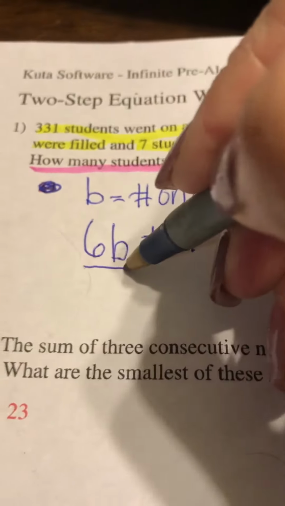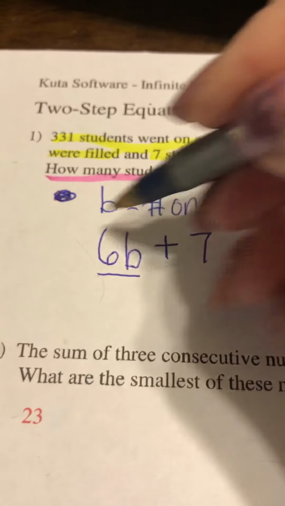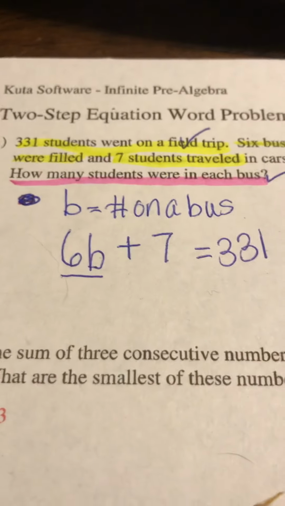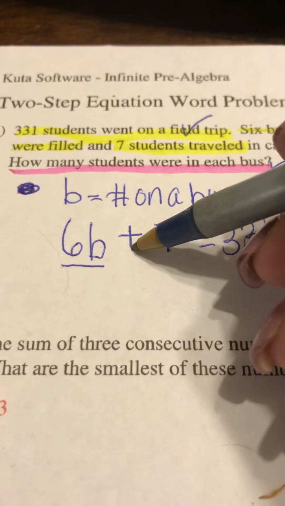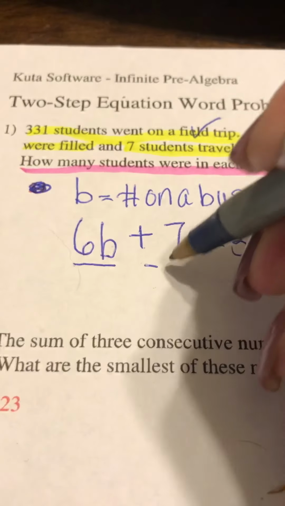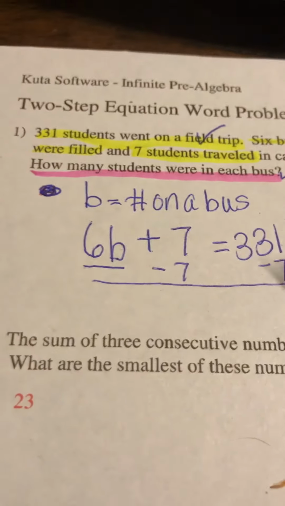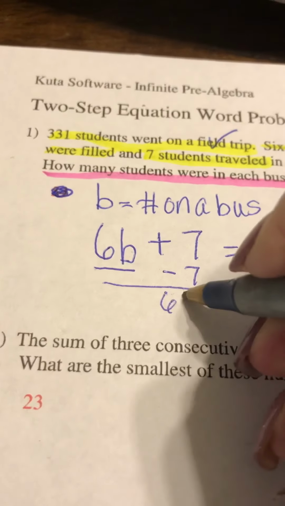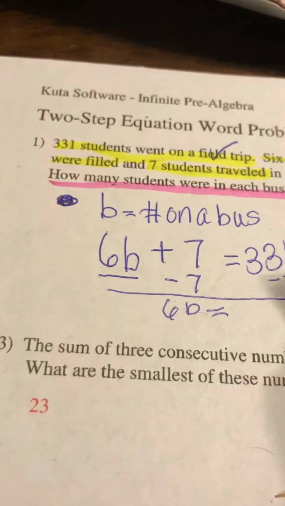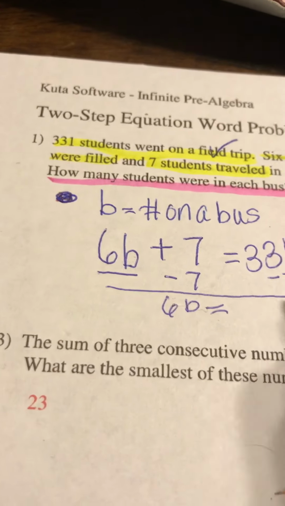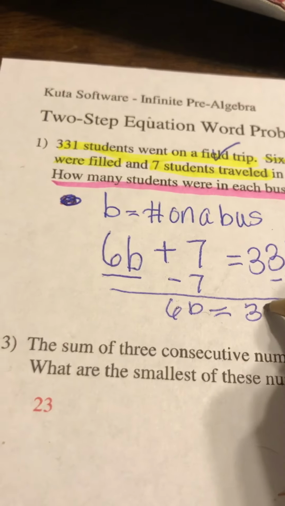Here's my 6B. My B is all wrapped up with my 6, so I can't get rid of that yet. I'm going to have to get rid of the 7. I'm adding 7, so I'm going to subtract 7 from both sides. And that's going to give me 6B is equal to 324.